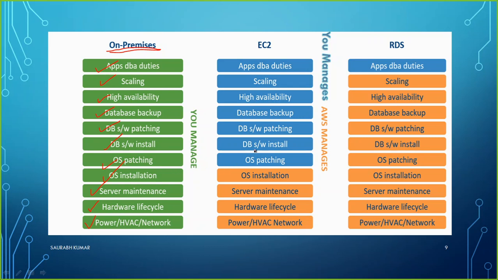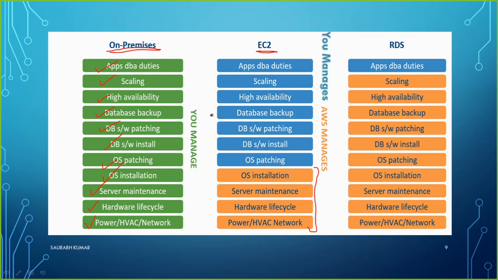Whereas if you go for AWS, maybe you have an EC2 instance there, and then you are installing the database software there and running it there. You see all those tasks in this color will be done by Amazon itself, like operating system installation. Who does that in EC2? We just select the AMI, right? And thereafter the installation, who takes care of it? AWS.